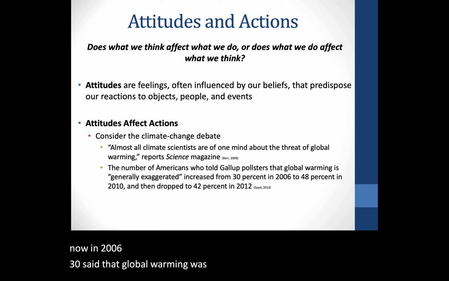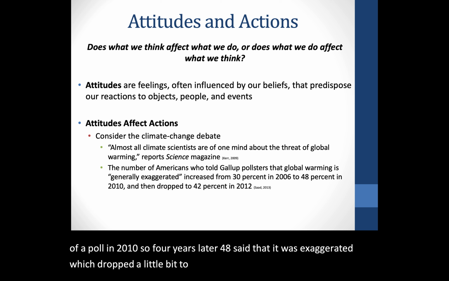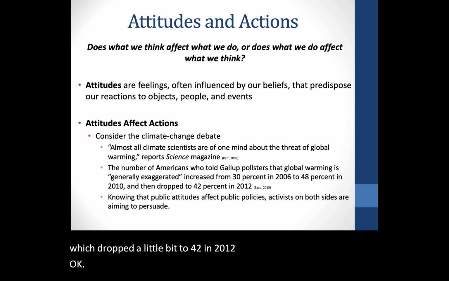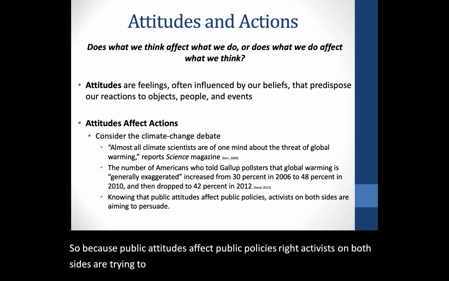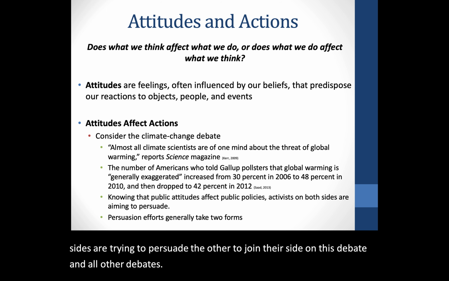In 2010, in a poll of Americans, 4 years later, 48% said that it was exaggerated, which dropped a little bit to 42% in 2012. Because public attitudes affect public policies, activists on both sides are trying to persuade the other to join their side in this debate, and all other debates. So this persuasion effort usually takes two forms, right?